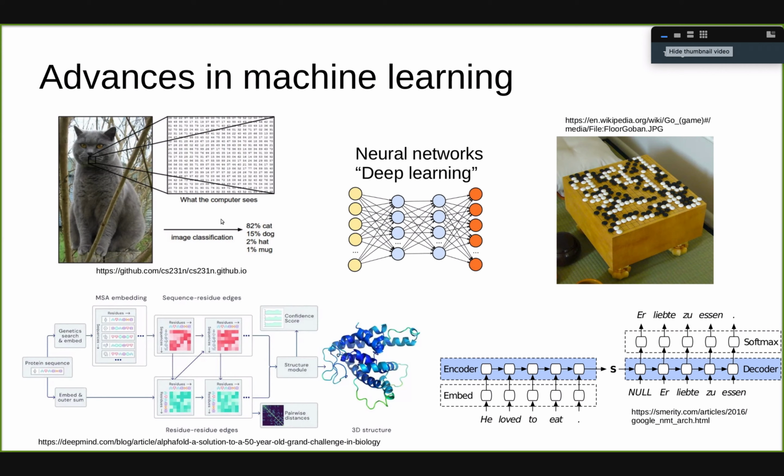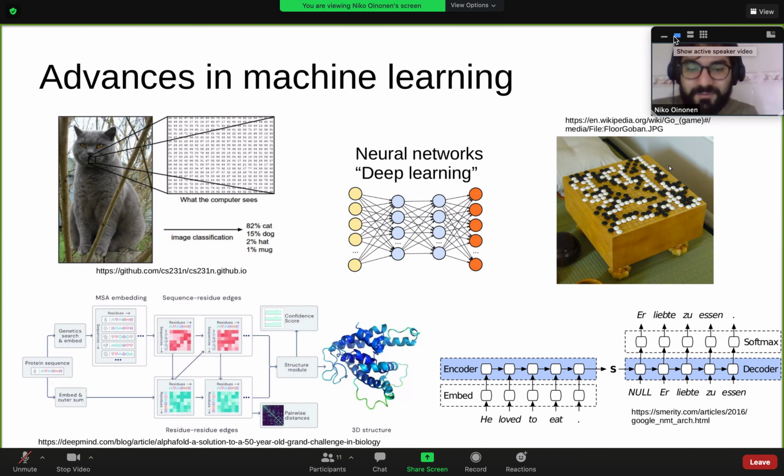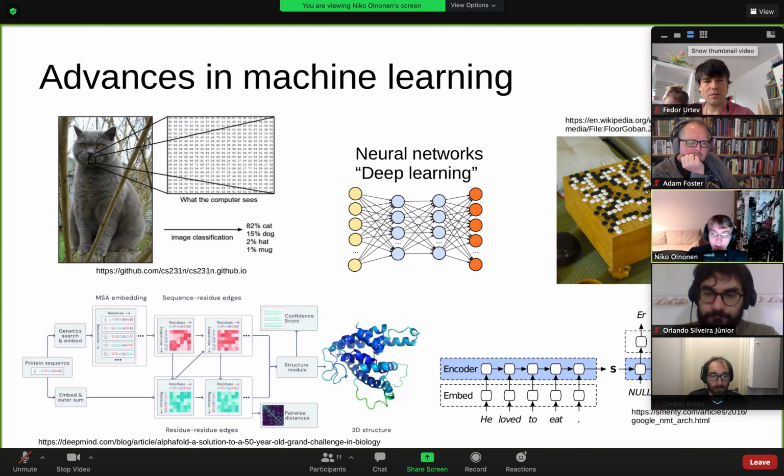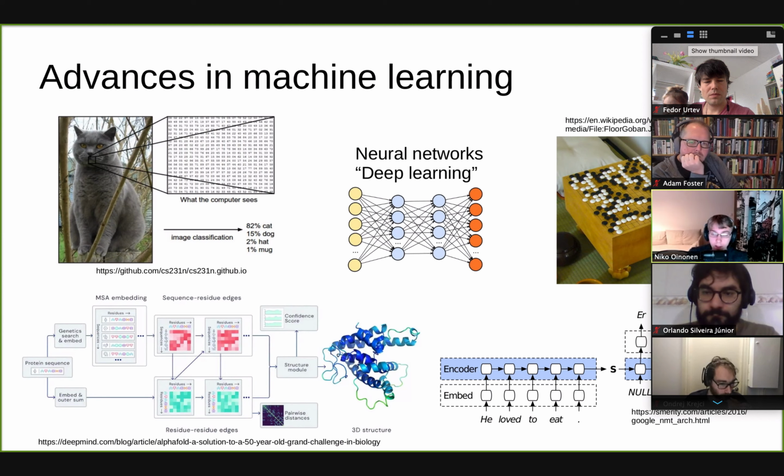In computer vision, like image classification, image segmentation, and generating images, there have been a lot of advances in the recent decade, and also a lot of advances in reasoning and playing games like Go. Recently, the machines won against the best human players.